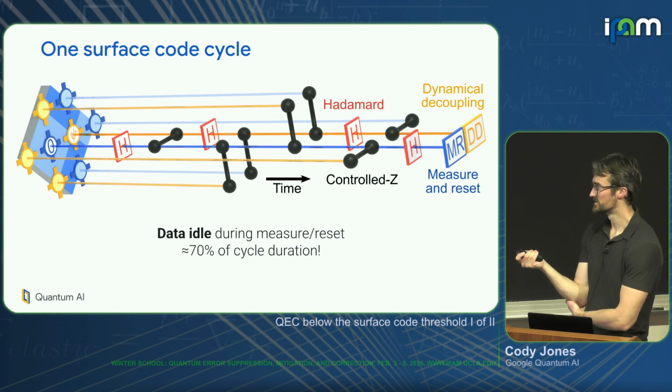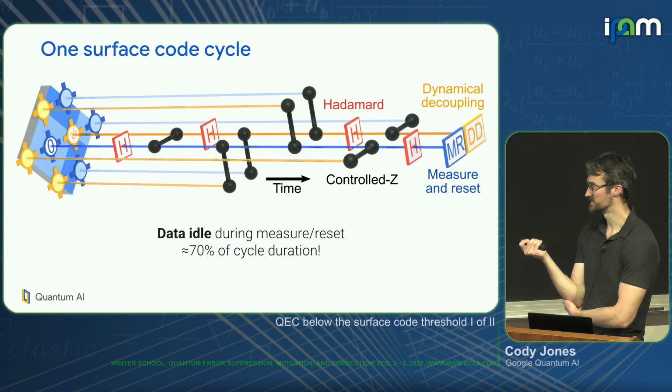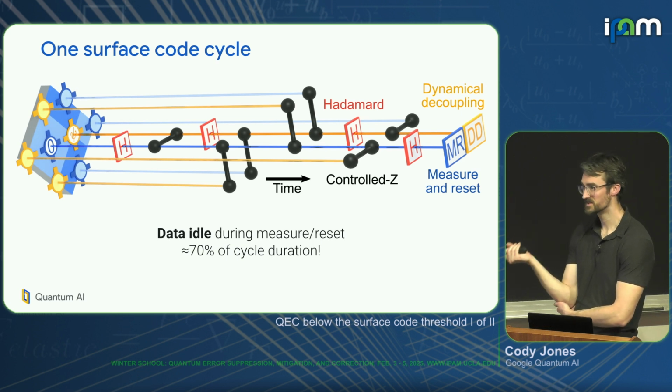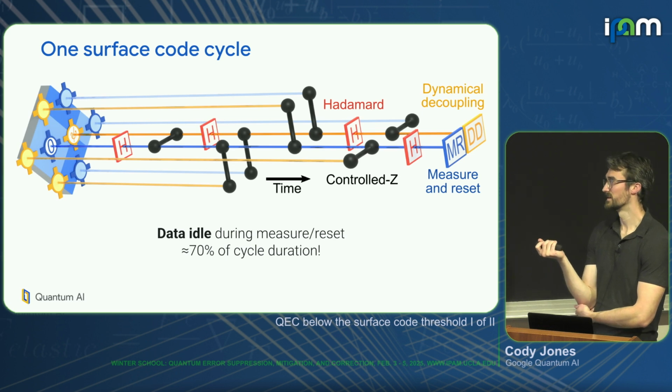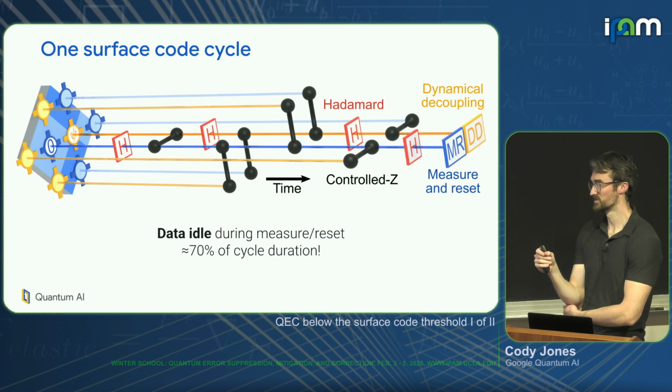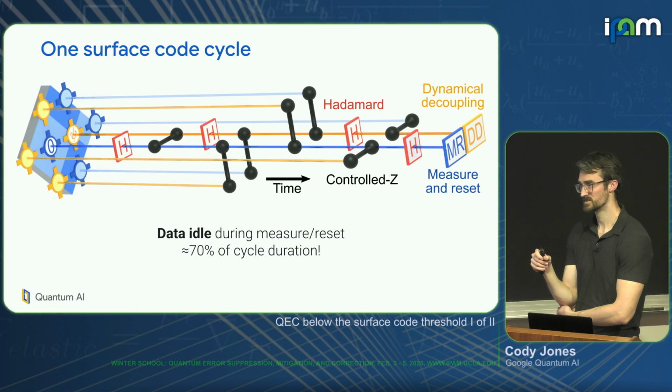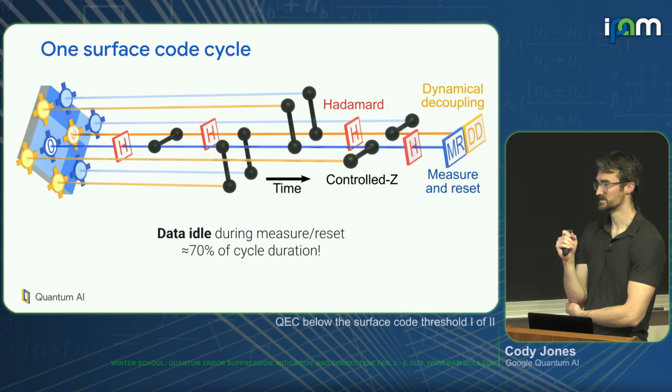These gates are a few tens of nanoseconds each, so I believe they add up to something between 200 and 300 nanoseconds right here. So measure and reset is something like 700 nanoseconds total, and I think measurement is more than half of that. I can get you exact numbers because they're in the paper, but that's off the top of my head about the breakdown.